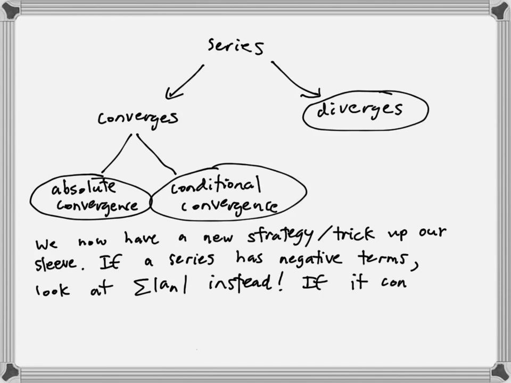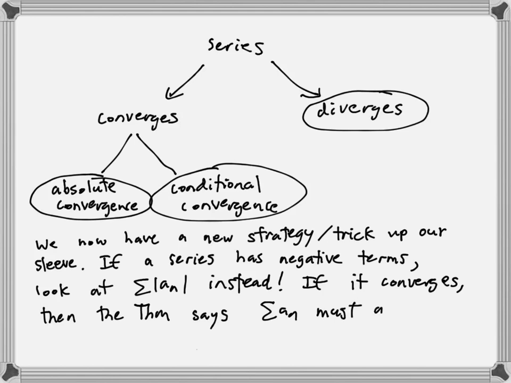If it converges, then the theorem says our regular series must also converge. Okay, so this is really nice. It means that if a series has negative terms and we can't use the older tests on it, we can look instead at its absolute value, and if it converges, then the theorem says that a_n must also converge.